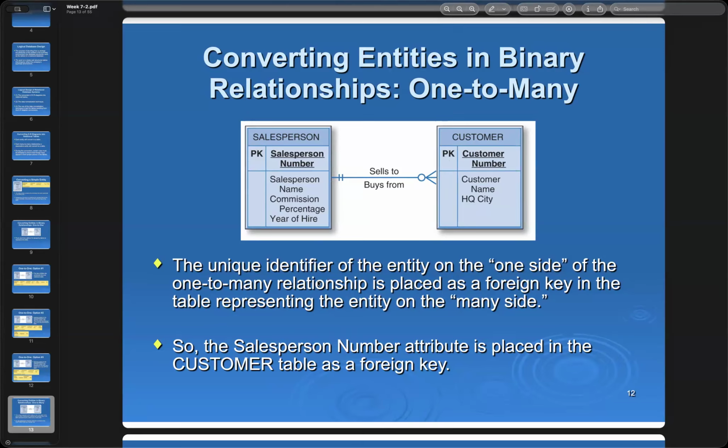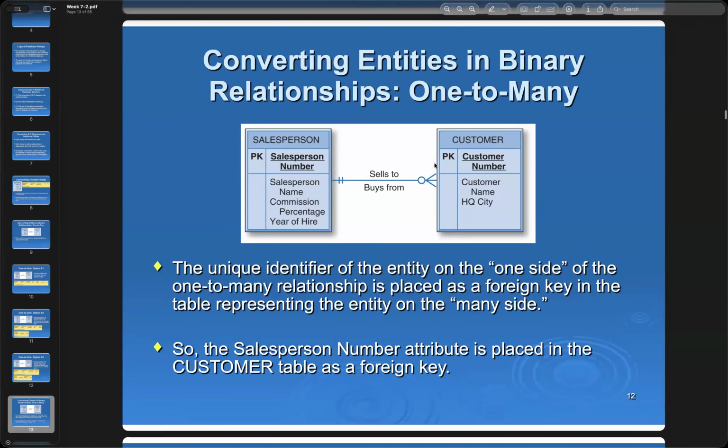The unique identifier of the entity on the one side of the one-to-many relationship is pasted as a foreign key in the table that represents the entity on the many side. Just remember, on the many side we put the foreign key, because it is impossible to put it in the salesperson table.